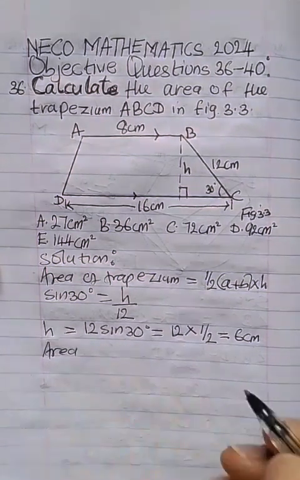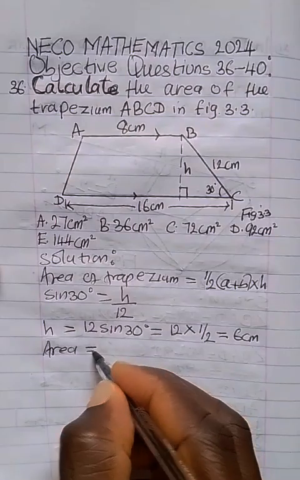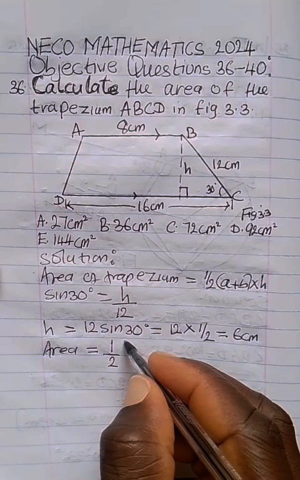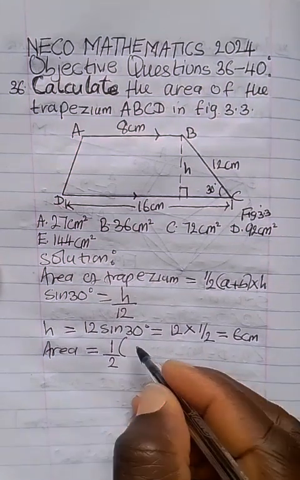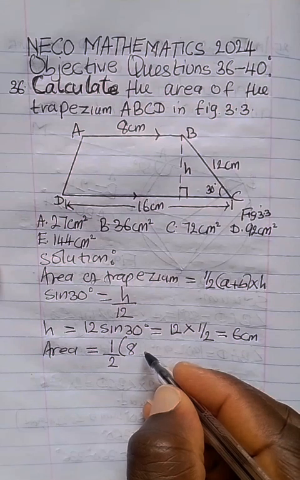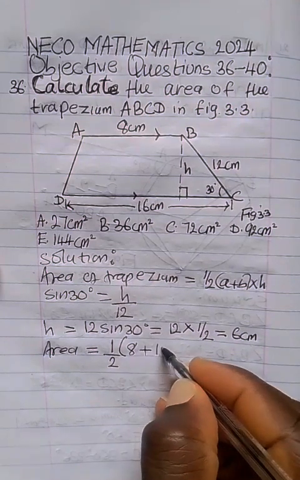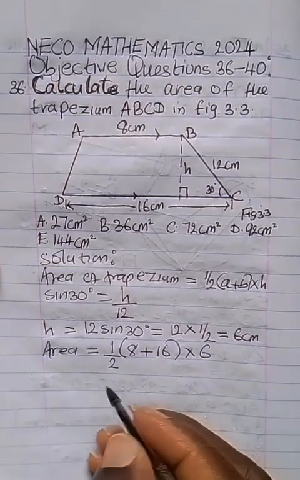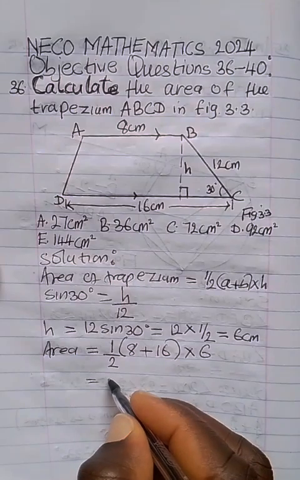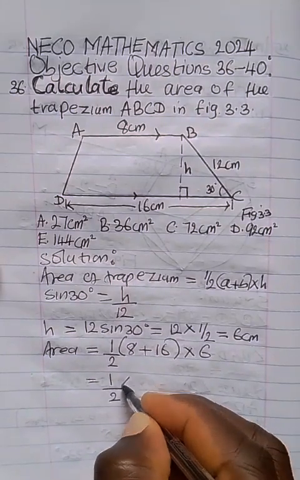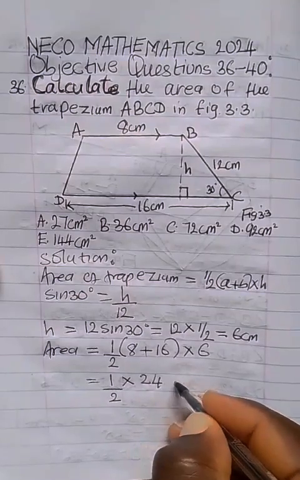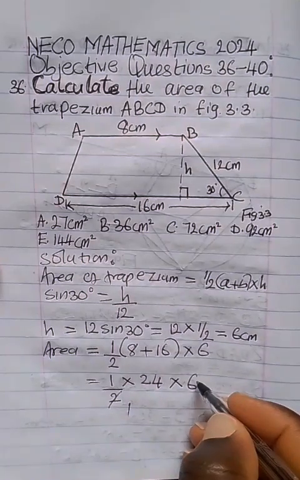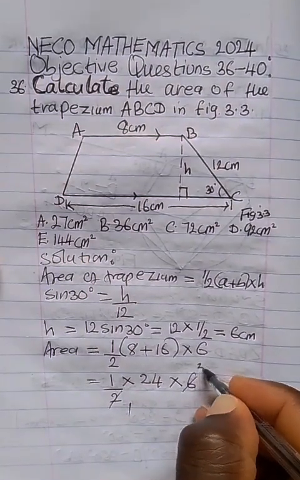We go back to the area, which is now equal to 1/2. The shorter of the parallel sides is A, which is 8. Then B is 16 times the height 6. If you continue, we have 1/2 times 24 times 6. 2 here, 1, 2 into 6, that is 3.